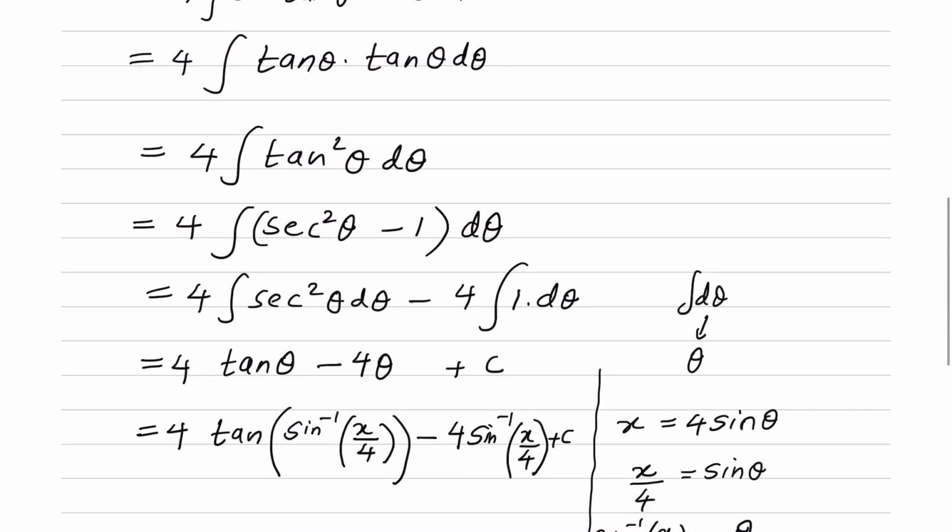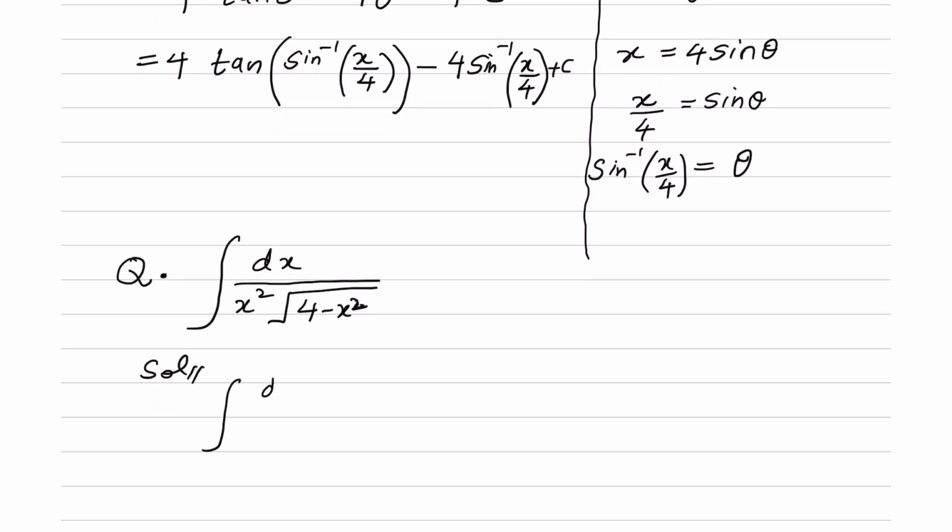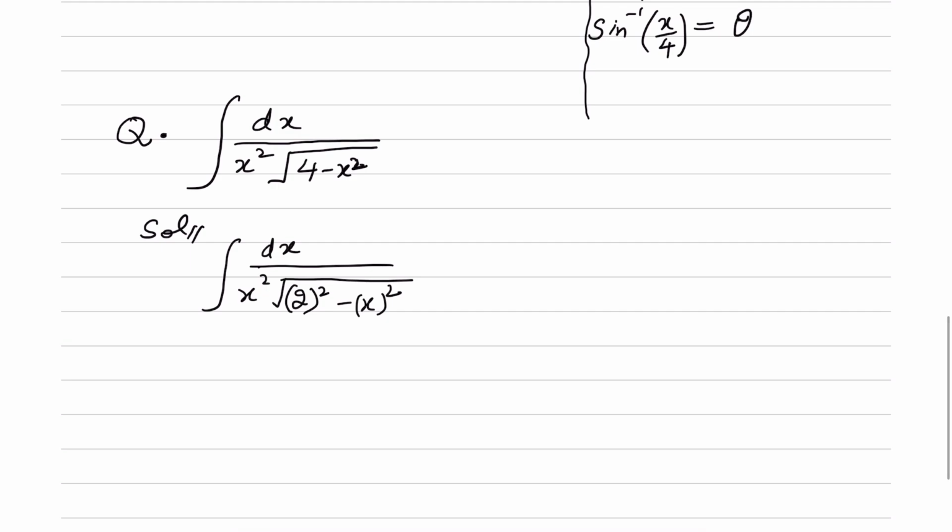We will go back to our question. We will rewrite it as x square. Inside the square root, 4 could be written as 2 square minus x whole square. Now we know that this is a sine similar situation, so we will make the substitution here.